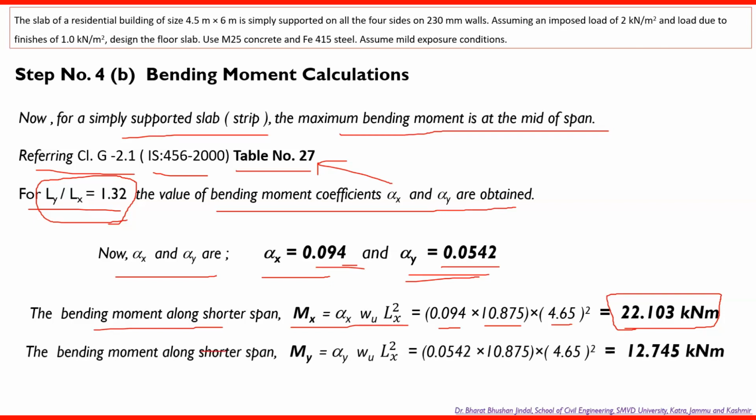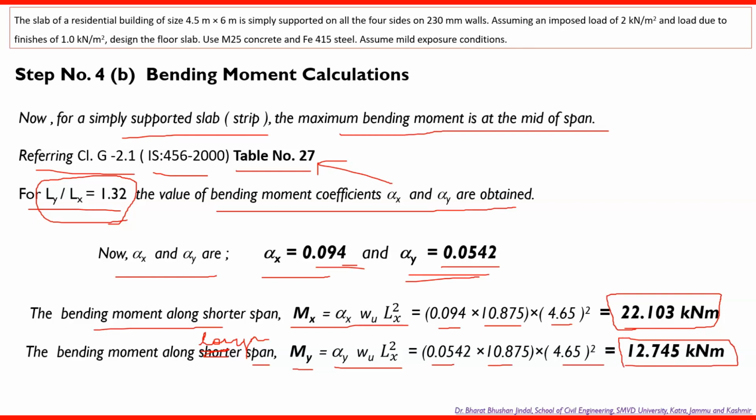Here we have to do a correction. That means this is the bending moment along the longer span. The bending moment along the longer span, My, is given by alpha y W Lx square, and putting the values of alpha y, W and Lx square, we get this value.